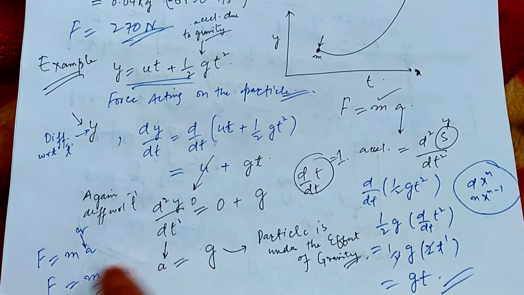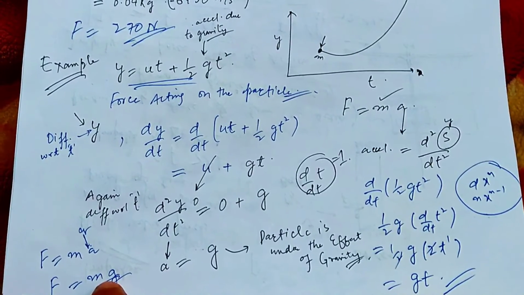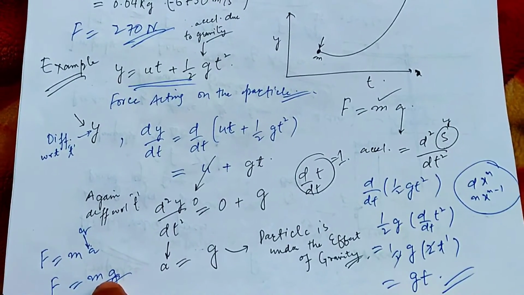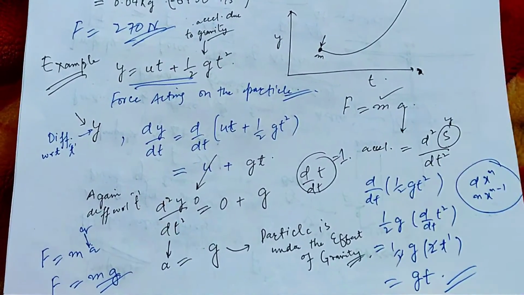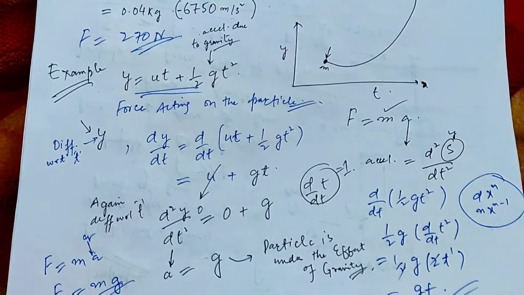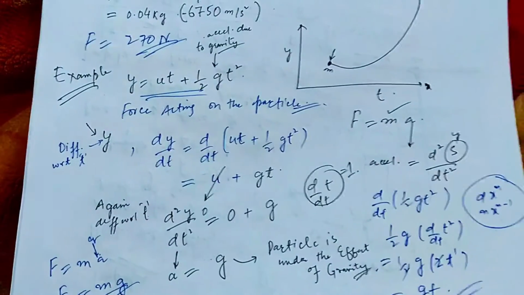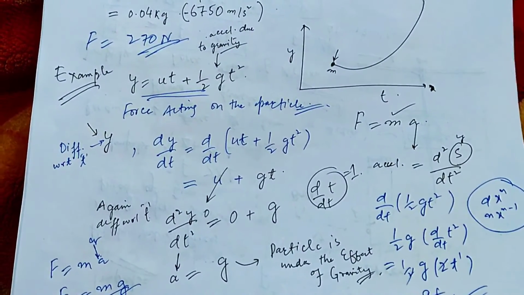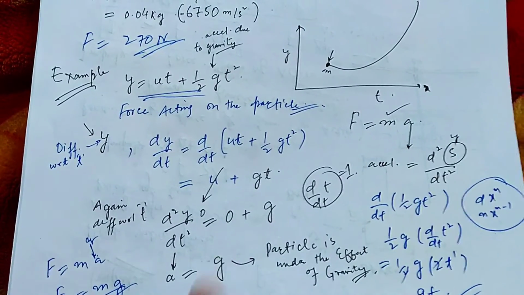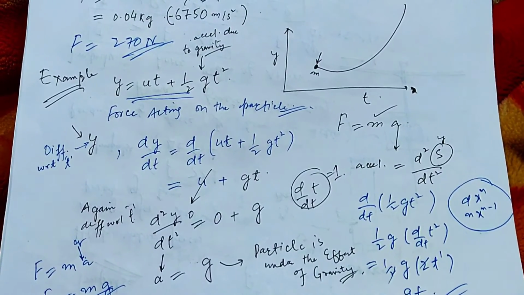Okay, and from that, from Newton's second law we can calculate the force applied on this very particle, which is exhibiting the motion given by this equation. So sorry for the inconvenience. You have to solve it yourself, and I have given you a kind of intuition.